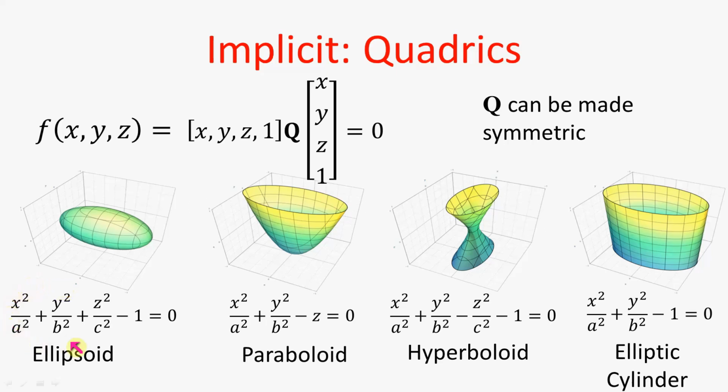I inserted here example equations when, for example, the ellipsoid is in a very special arrangement when its center is the origin of the coordinate system and the axes of the ellipsoid are the axes of the coordinate system. But I want to emphasize that this quadratic form is applicable not only for such special ellipsoids, but these ellipsoids can be anywhere and can have any kind of rotations.